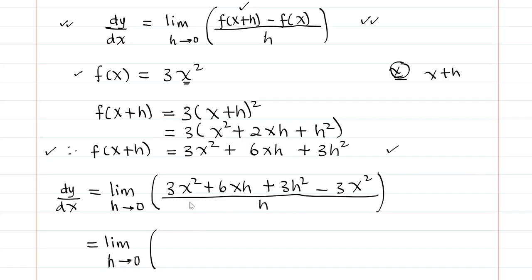We simplify this. 3x squared here and 3x squared here are going to subtract and give us 0. So they cancel out. I don't encourage you to cross your work like this in an exam, but I've done it already just for now. So those will cancel, and then we shall be left with 6xh plus 3h squared over h.